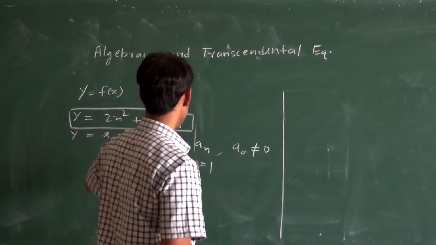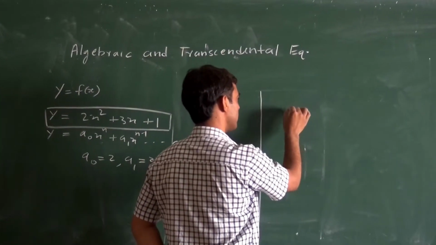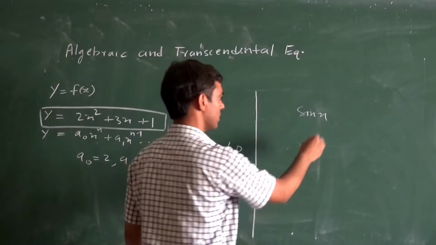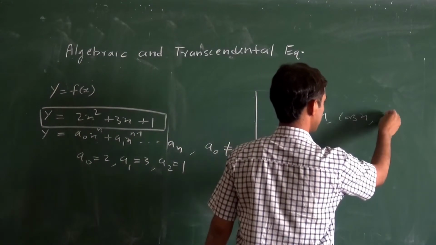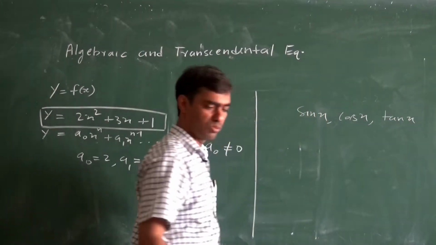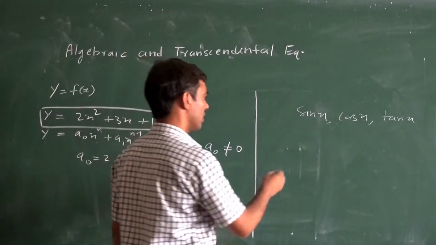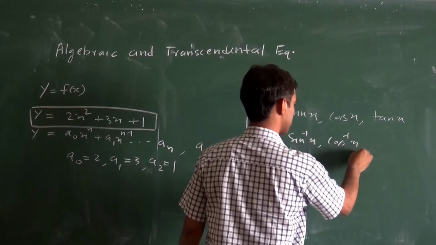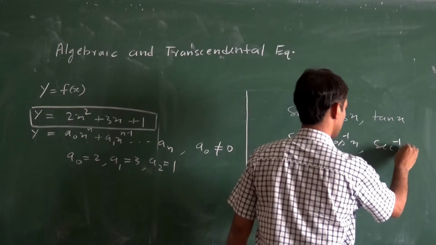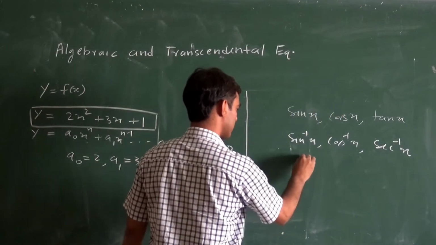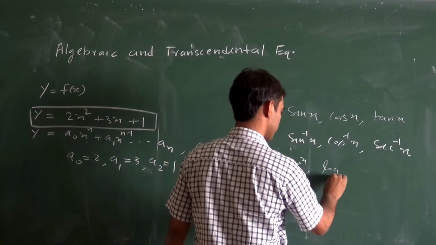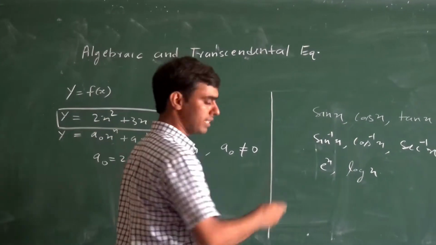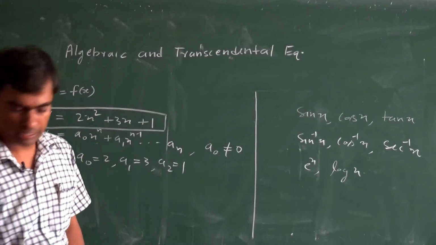If an equation involves a special function, any trigonometric function, for example sin x, cos x, tan x, or any inverse trigonometric function, sin inverse x, cos inverse x, sec inverse x, or a logarithmic function, an exponential function, or any special type of function, then we say that the equation is a transcendental equation.